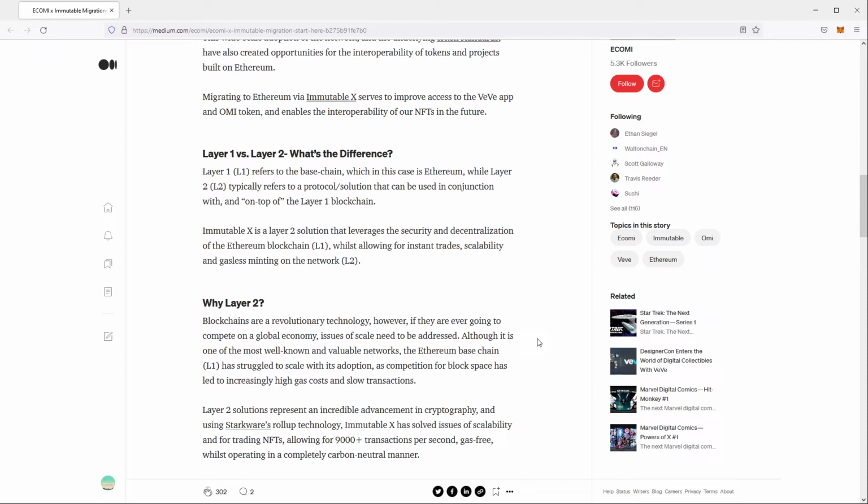The fees cost almost, if not possibly more than, the NFT itself.